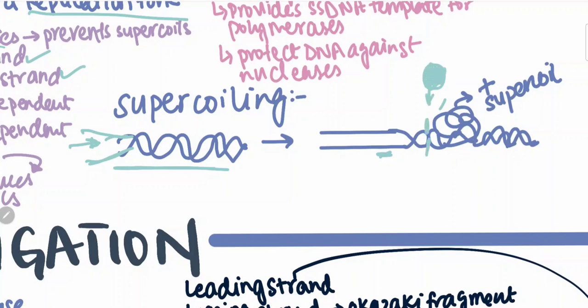It's going to create a nick in the strand, which means a cut in the strand, like this. When this cuts, the tension releases from behind. The tension is going to release, and then the coils are going to open up, and then the DNA topoisomerase is going to reseal it back.